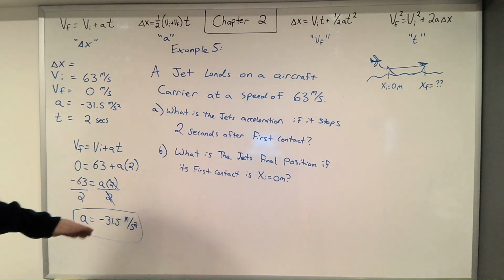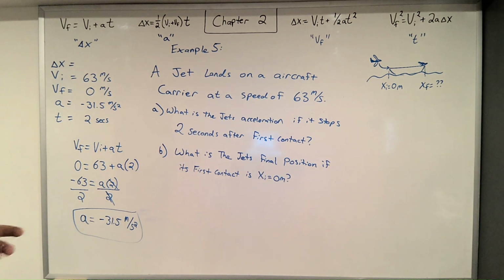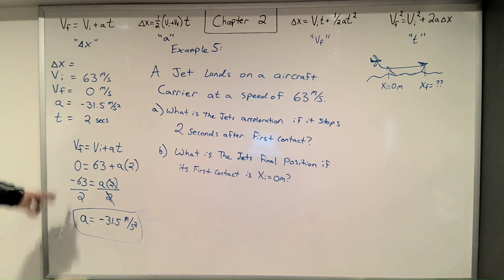We would expect the acceleration to be negative. It's the opposite if the problem were something speeding up. We would expect the acceleration to be positive in that case. So, little things like that to keep in mind as we go along. That seems okay, right? Our acceleration is negative 31.5. Okay, we'll go with that for the acceleration.